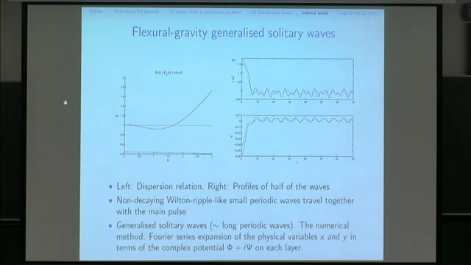What happens, even more interesting in this case, is I can start with some waves which are out of phase, starting from here and going up and crossing the minimum, and I obtain the so-called generalized solitary waves, which are waves with no decaying oscillations.